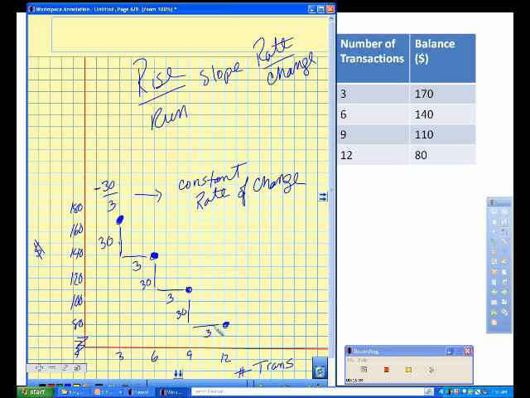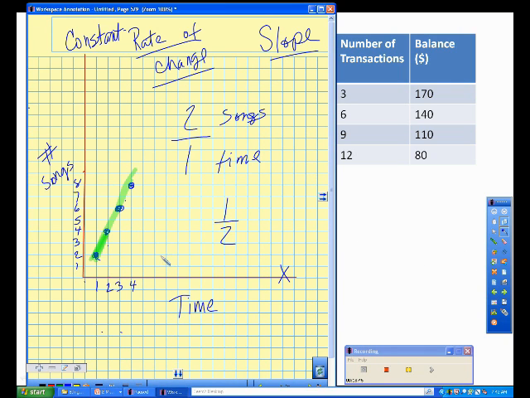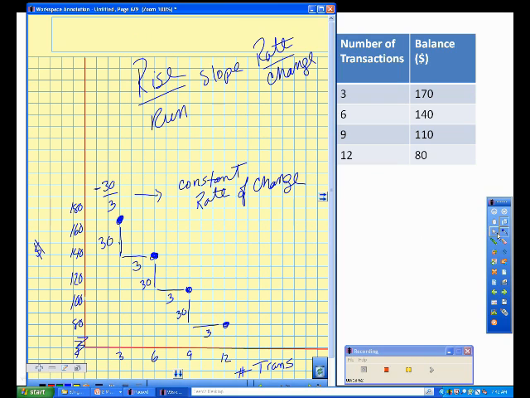So because we have a constant rate of change, let's look at the shape. Just like the one we had a moment ago, where they all formed a perfectly straight line, again, they also form a perfectly straight line. And I'll just go ahead and tell you that this happens every single time your data has a constant rate of change in between each of them.